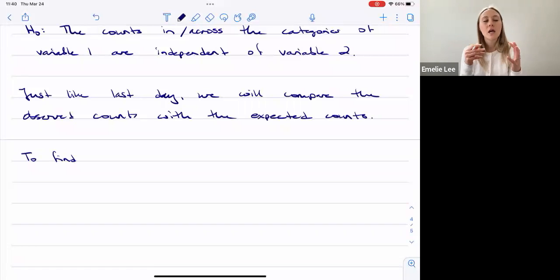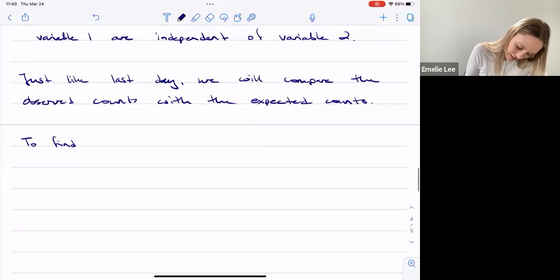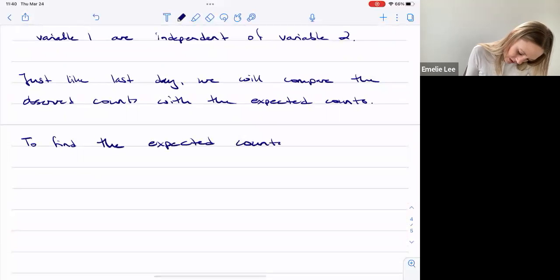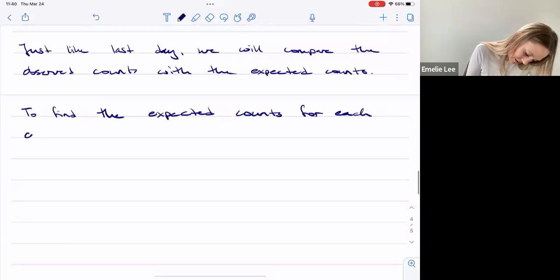we had some idea, some distribution that we wanted to compare our observed counts to. Now we don't really have that. We just want to know, hey, are these independent of each other or what? So to find the expected counts, there's a little bit more work, not much, but the expected counts for each cell.